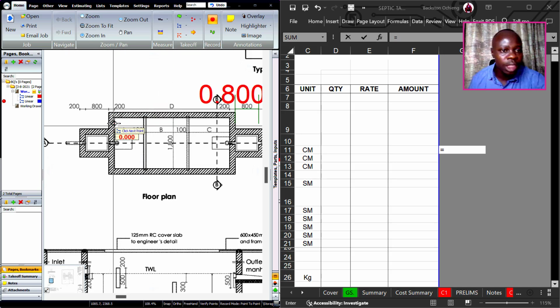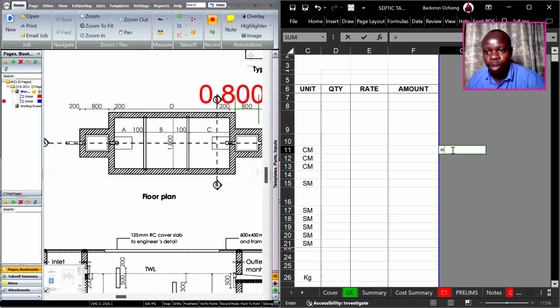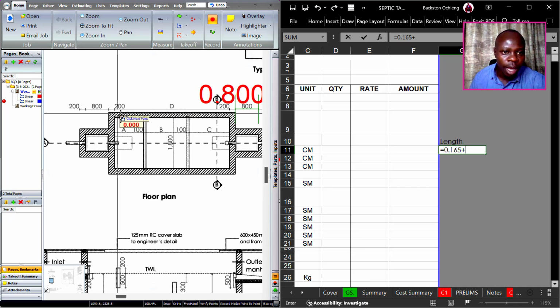So on the first stretch, what we can do here, we get the length of the septic tank for the main portion for the excavation. So it's equal to, so we have 165. I can say 0.165. Then we add 0.2 is the wall, okay, this part here.